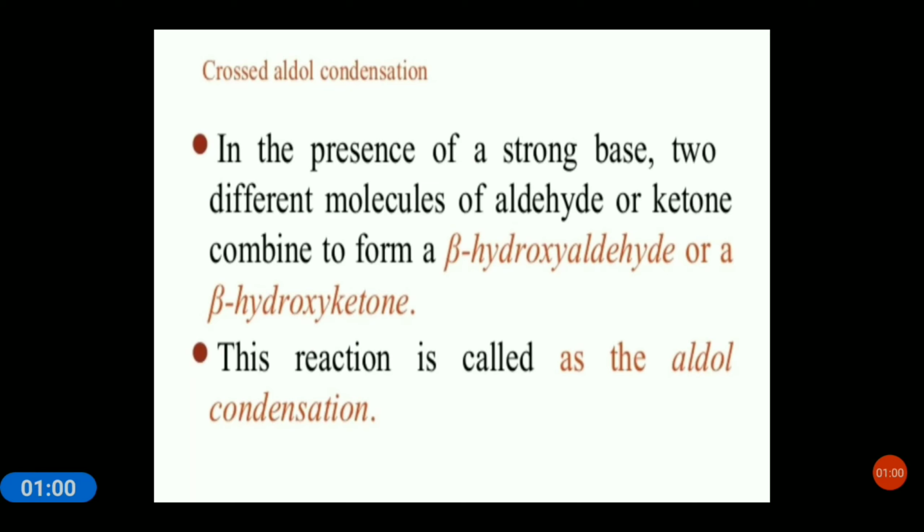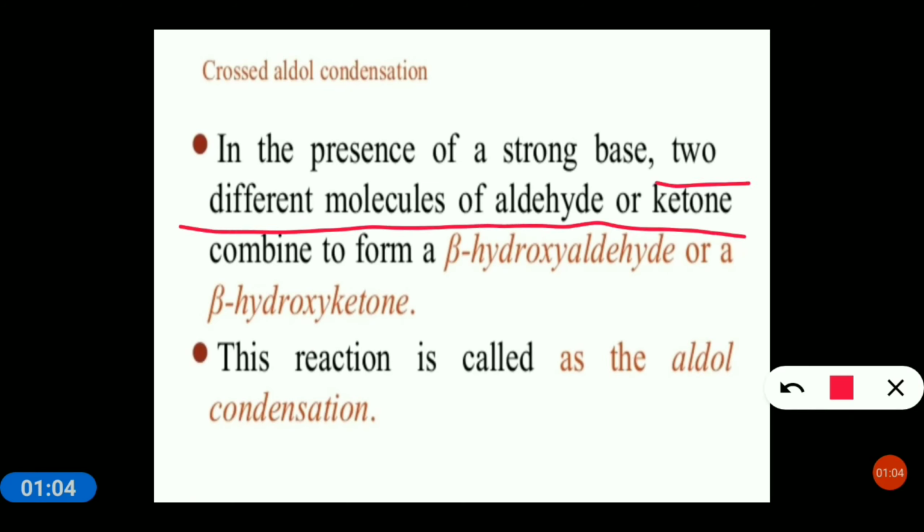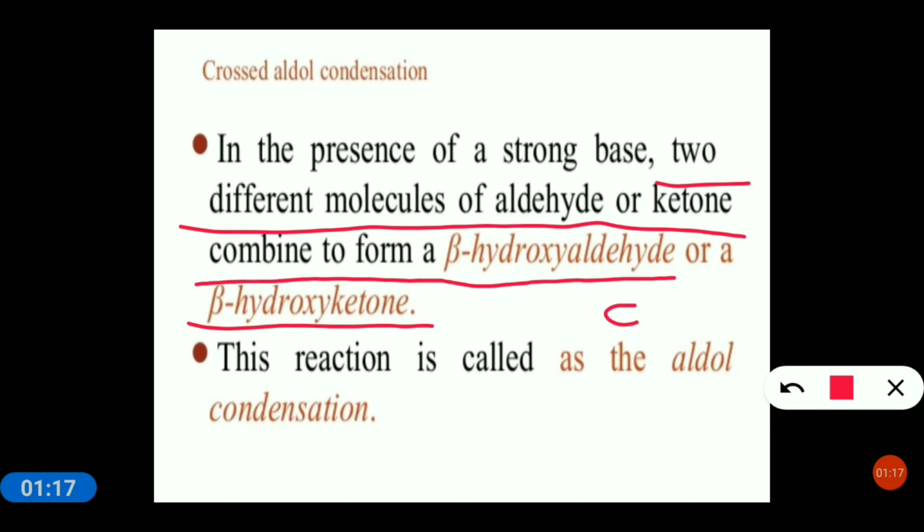So, in the presence of a strong base, two different molecules of aldehydes or ketones combine to form beta hydroxyaldehyde or beta hydroxyketone, meaning the OH group will be at the beta position.